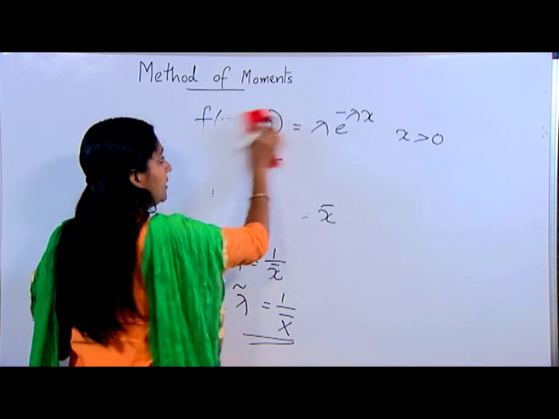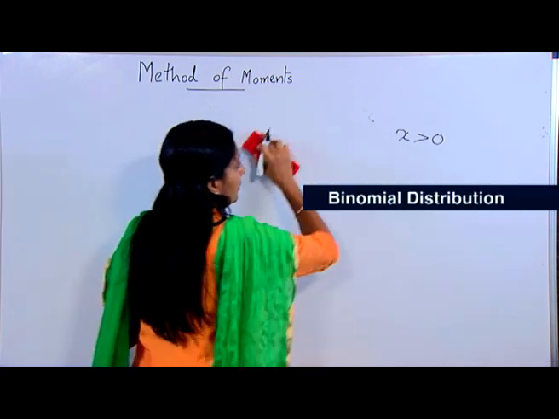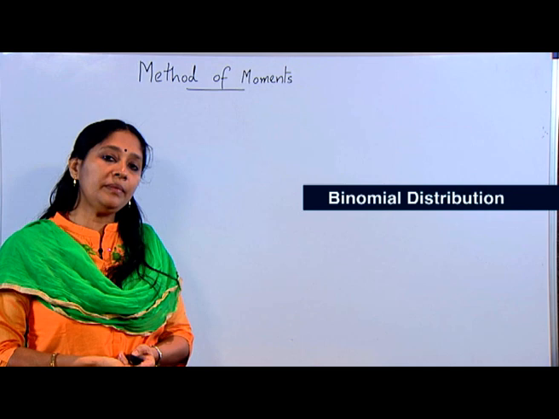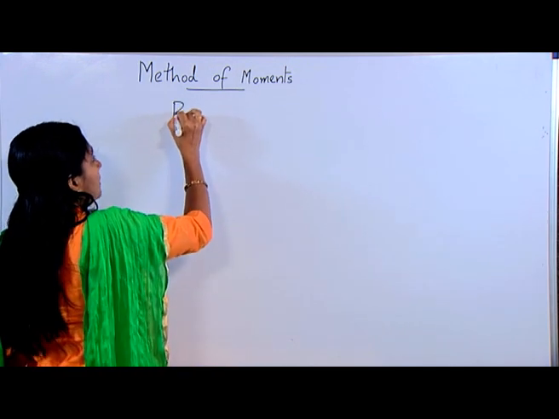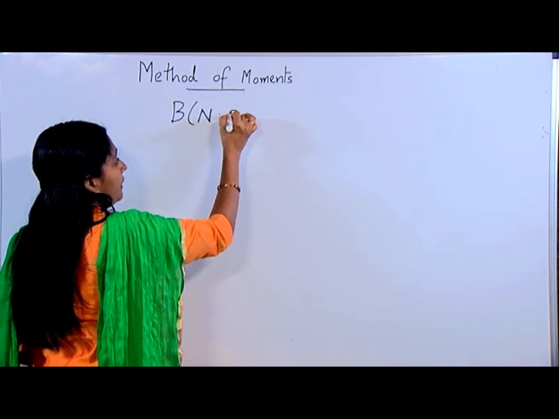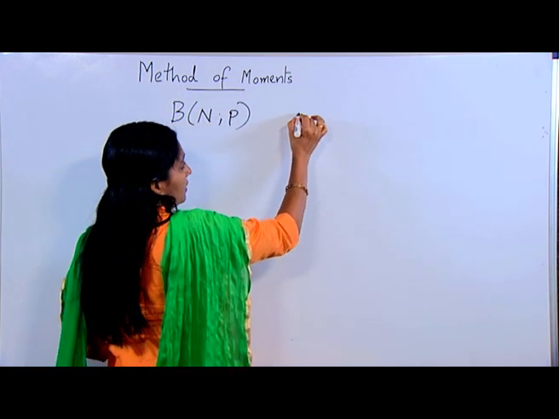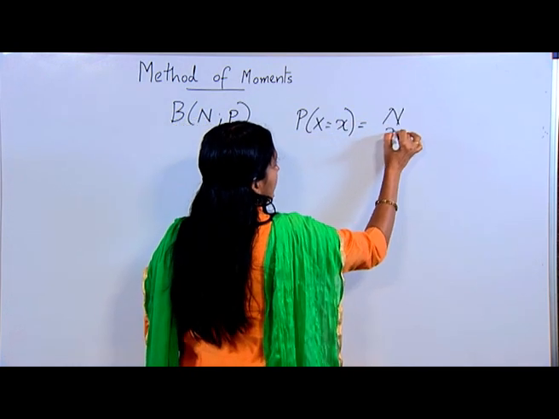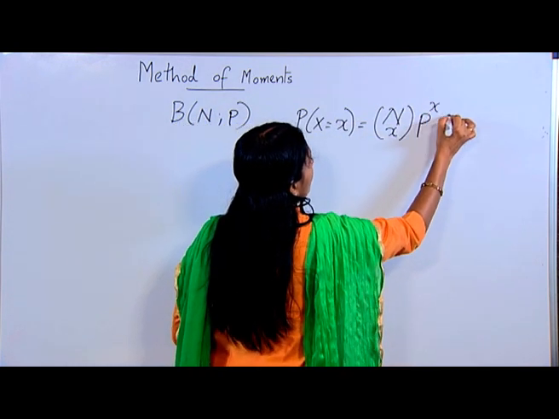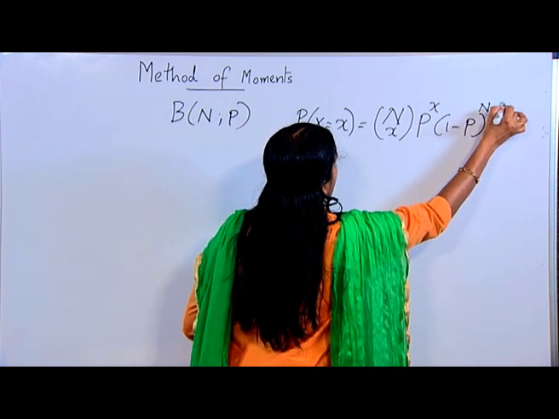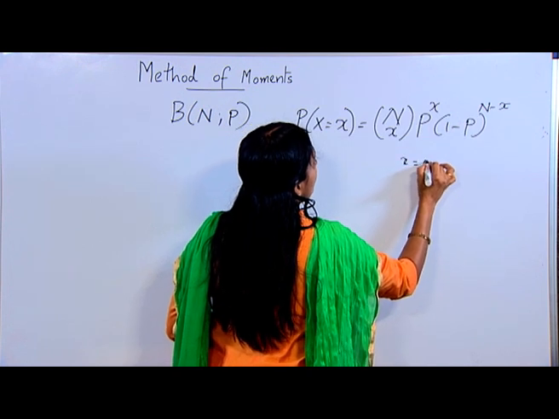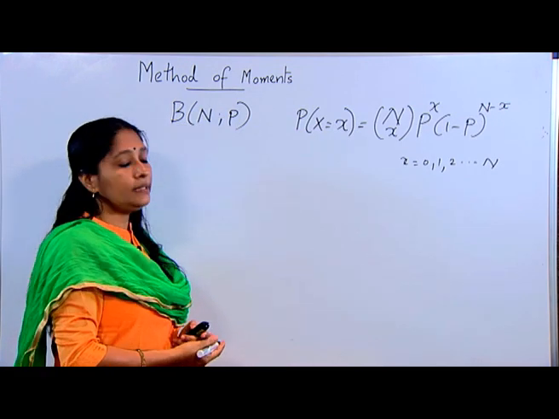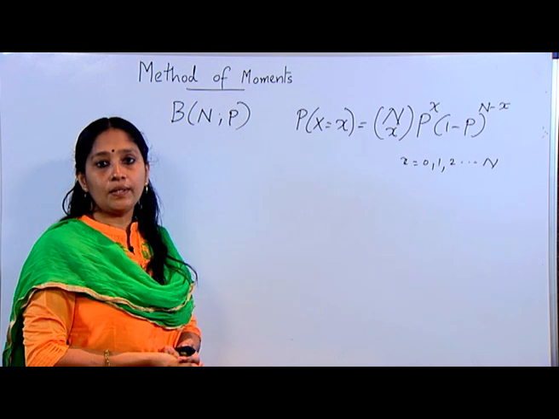Now, let us consider another example involving two parameters. We are taking a random sample from the binomial distribution with parameters capital N and small p. So, the probability mass function is probability of X = x is equal to NCx p^x (1 - p)^(N - x), where x = 0, 1, 2, etc. up to capital N. Here also we know the first order population moment and the second order population moment.